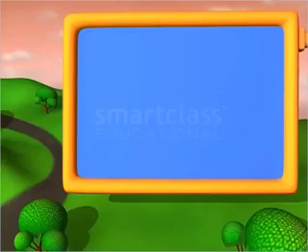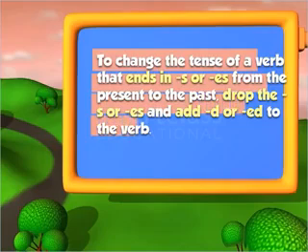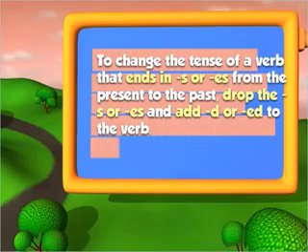Here is how you can change the tense of a verb that ends in S or ES from the present to the past. Drop the S or ES and add D or ED to the verb.